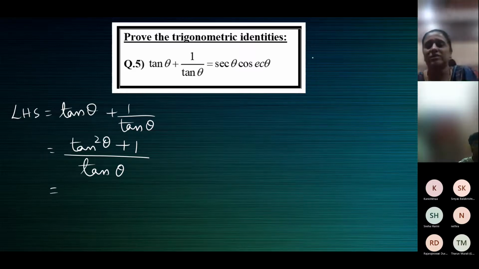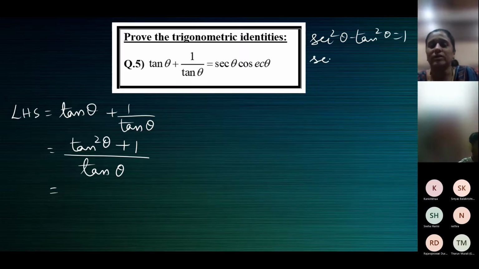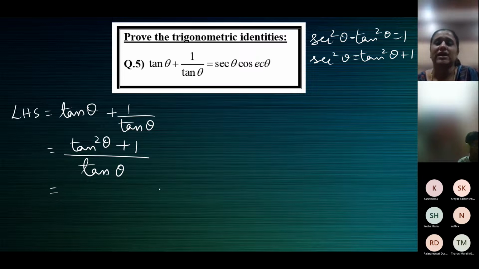So tan square theta plus 1 by tan theta. Now, what is tan square theta plus 1? Because secant square theta minus tan square theta is 1. What is 1 plus tan square theta or tan square theta plus 1? Secant square theta. Very good. The identity is secant square theta minus tan square theta is equal to 1.